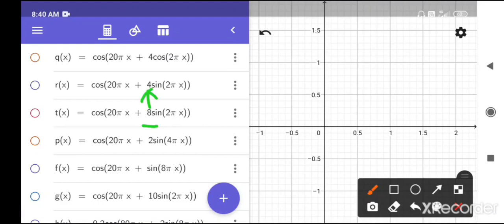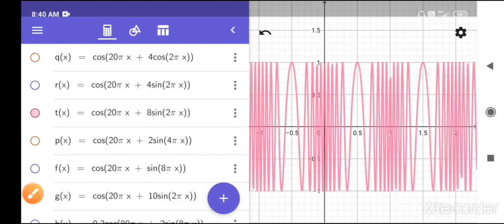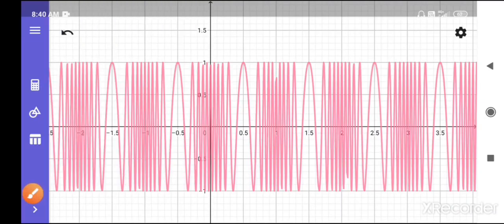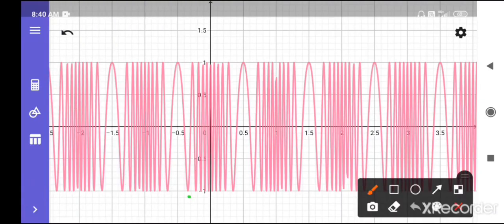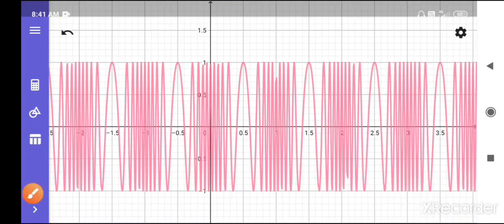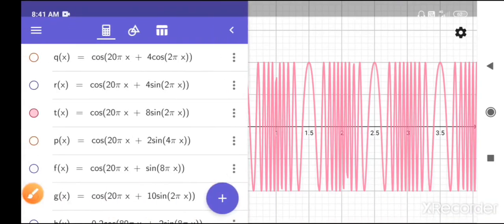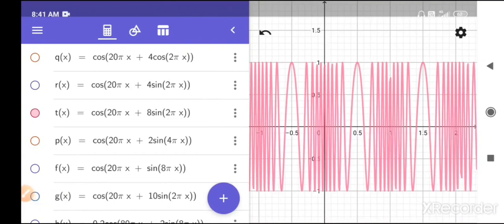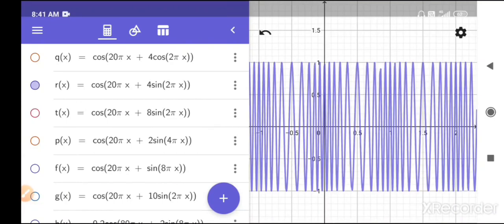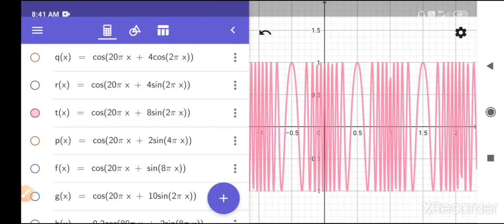Now we observe the waveform. Here the high frequency regions are similar to the previous, but the low frequency region is quite different. Before we had this waveform, and by increasing the beta value, now we have this waveform.